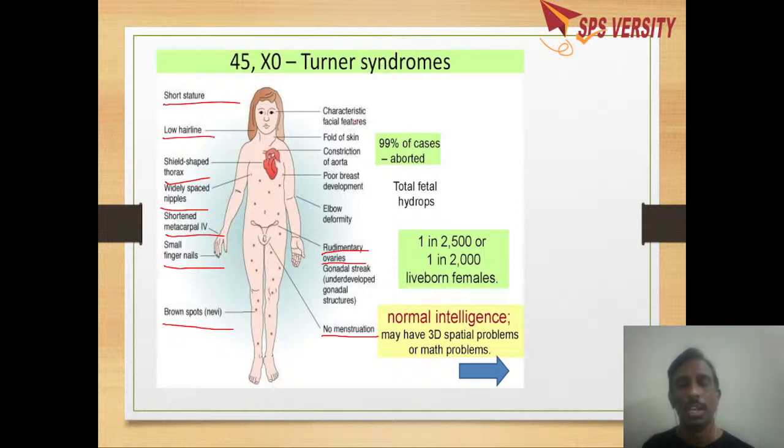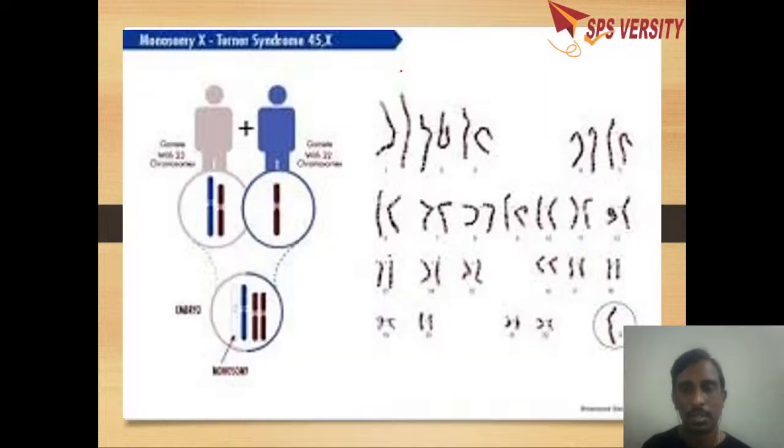These all are symptoms of Turner syndrome, where there is 1 X chromosome. The total count will be 45. So here you can see only 1 sex chromosome is present.